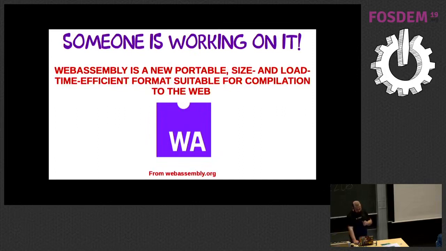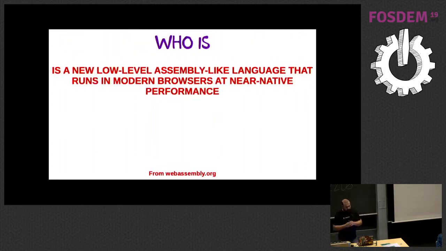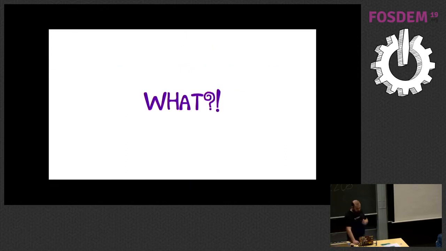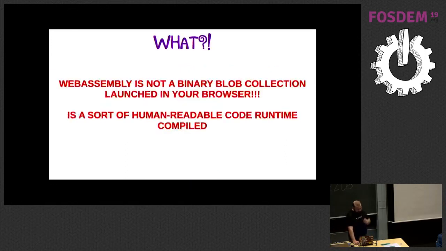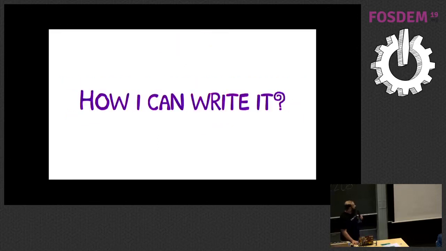WebAssembly is a new format for compilation to the web. It's a sort of assembly that runs in the browser at native performance. Don't worry, it's not a binary blob put in your browser from the network, but a sort of human readable bytecode, and it is compiled at runtime.